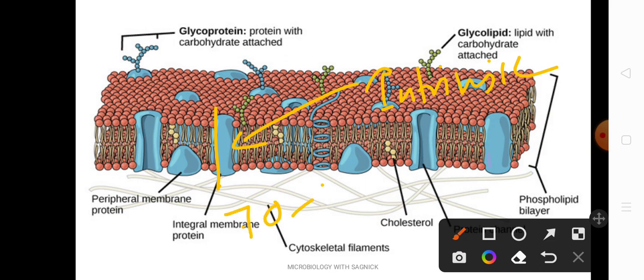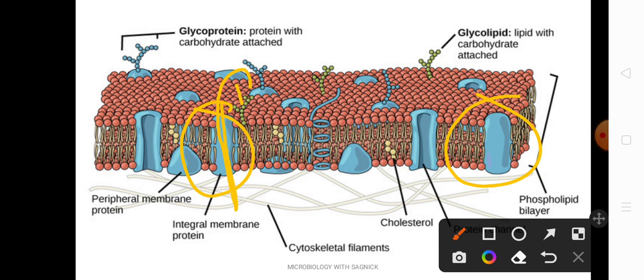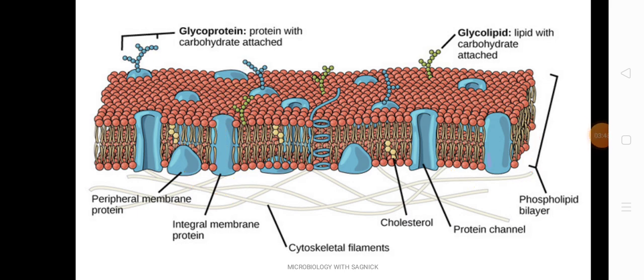Nearly 70 to 80% of the membrane proteins are integral proteins. And as you can see, they cannot be removed without disrupting the plasma membrane, because they are totally spanning the plasma membrane.